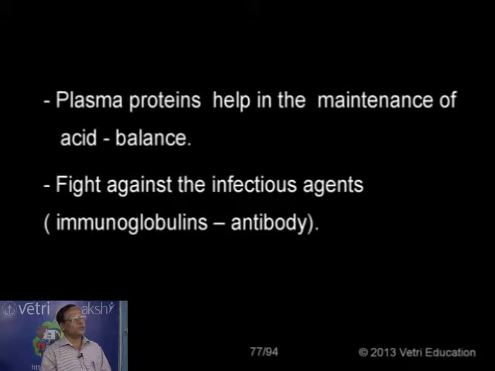And also I mentioned already we have classification based on the structure and based on the functions. Some of the proteins are helping us to fight against the invading microorganisms. They are considered protective proteins. They are nothing but the immunoglobulins, which are the chemical nature of antibodies. So antibodies, which we have in the body to protect us against the invading microorganisms, are chemically immunoglobulins, a kind of protein.